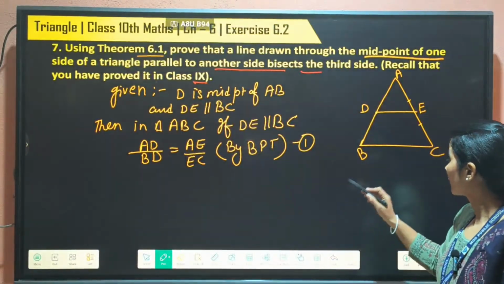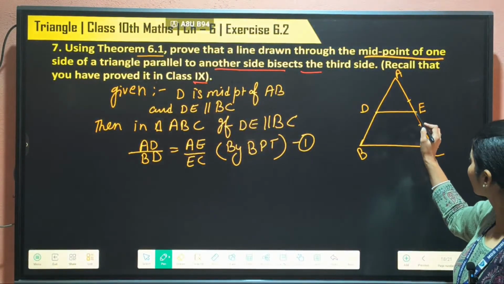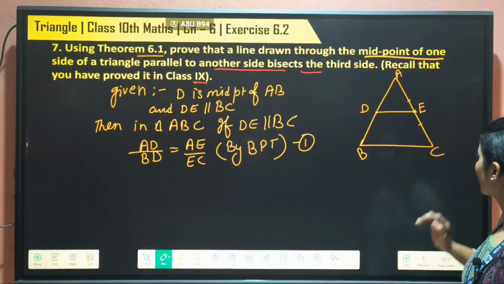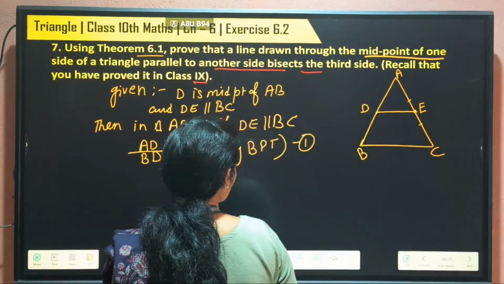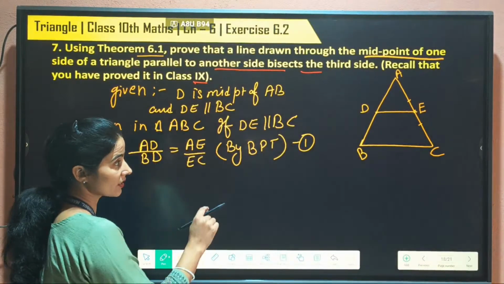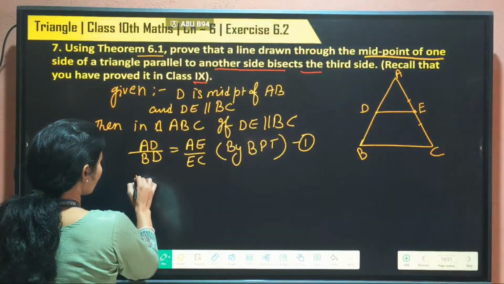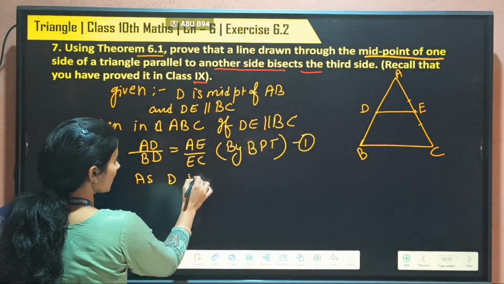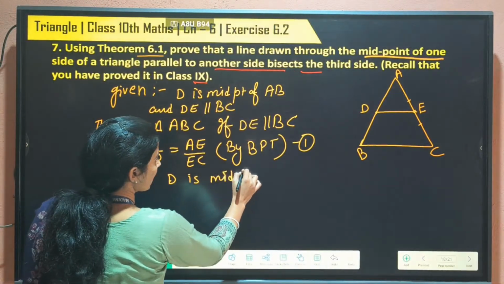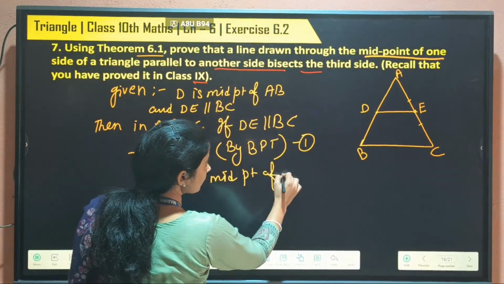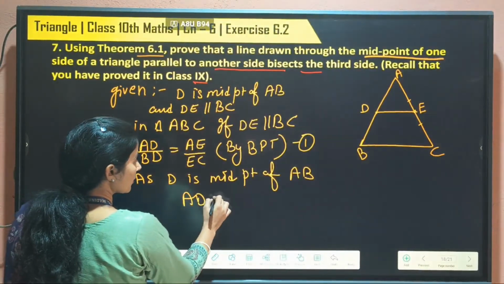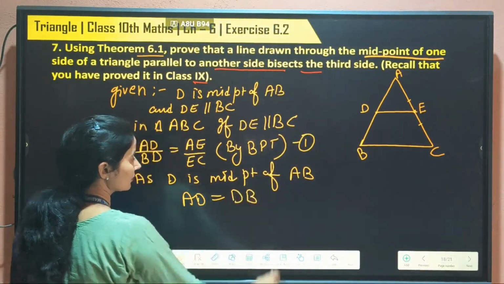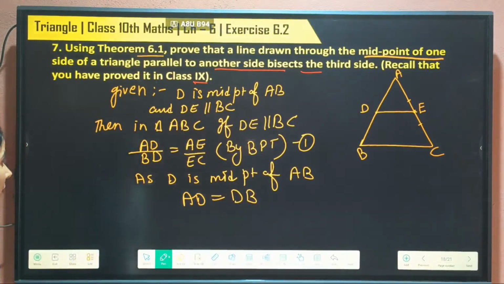Now, second thing, we have to prove this E is the midpoint of AC, and D is the midpoint of AB. As D is the midpoint of AB, what can I write? AD equals DB.